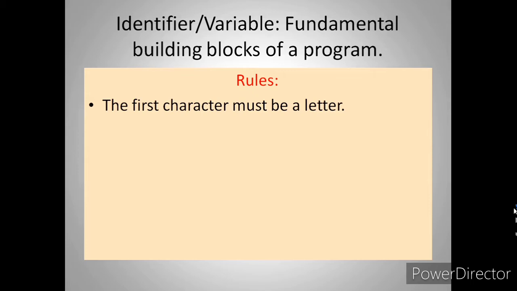When you define a variable, it can be an uppercase letter or a lowercase letter, that is, a capital letter or a small letter. So you have to start with a letter. Next, it cannot start with a digit.